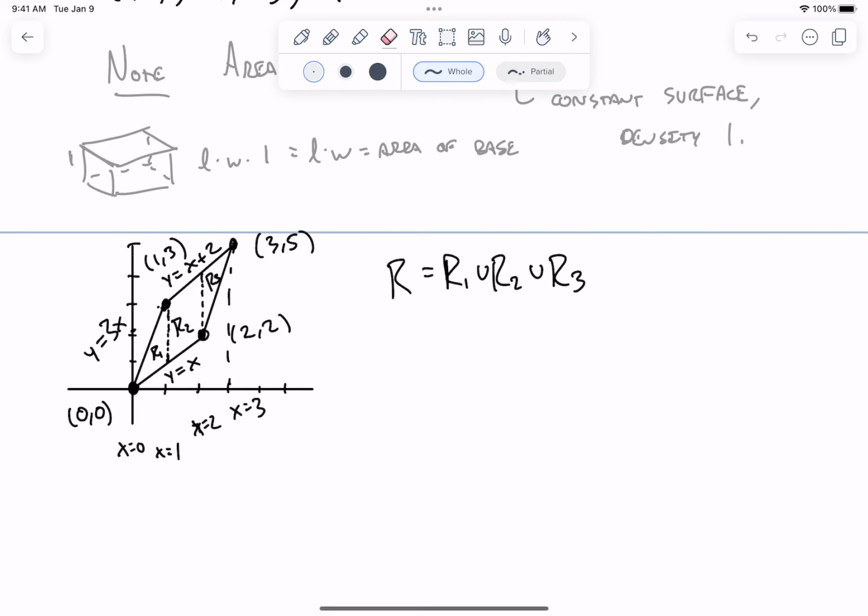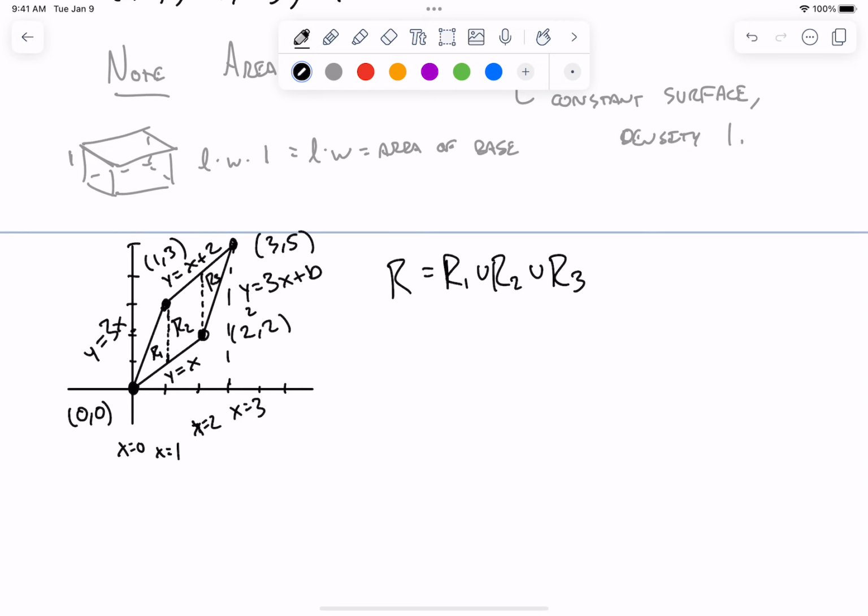The hardest one to get is on the right-hand side, but it's not exactly difficult. It's slope 3, and then we just need to know what b is. Here it's a little hard to see b geometrically, so I would just plug in a point. It passes through 2, 2.